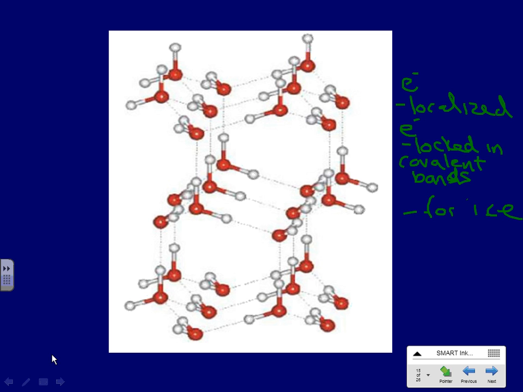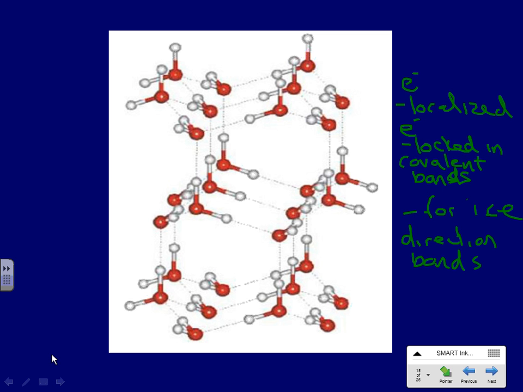When water freezes, the water molecules orient themselves in a very specific manner. They form a hexagonal structure. Each molecule, one is perpendicular to the next, allowing four hydrogen bonds for each one. For ice, they're very directional bonds, very much like an ionic solid.